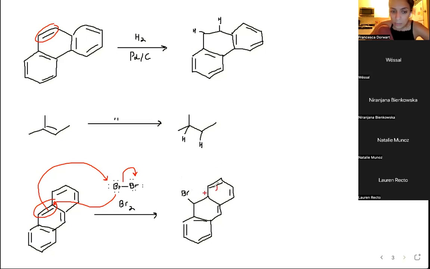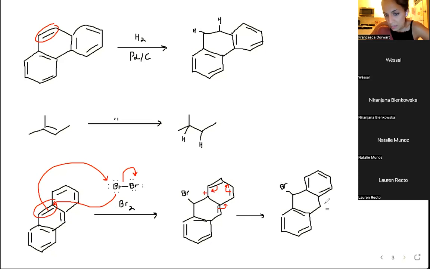So what could happen is we resonate this partial positive charge around the ring. And then we end up with our bromine and our positive is here now.